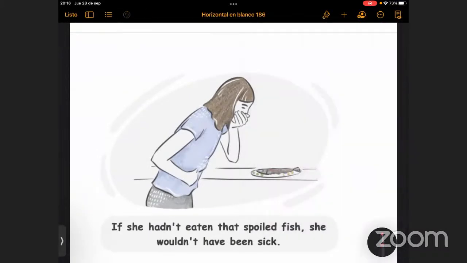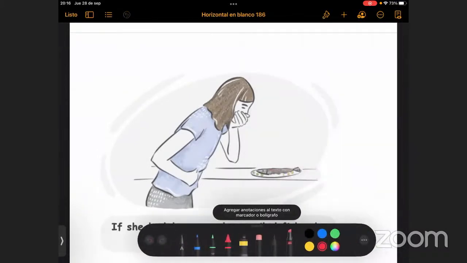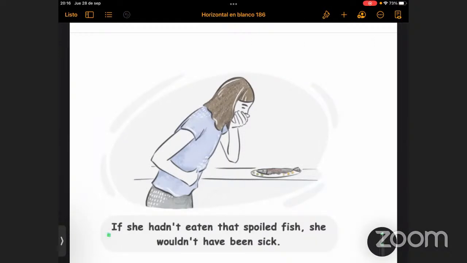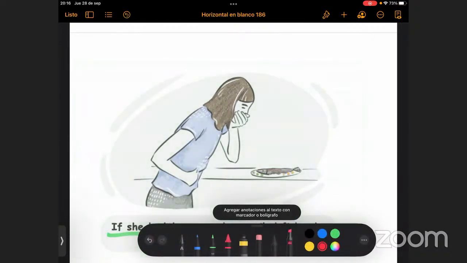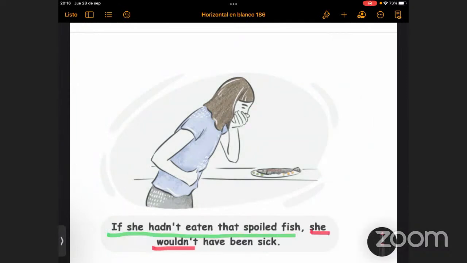Here we have an example. If she hadn't eaten that spoiled fish, condition sentence, she wouldn't have been sick, result.